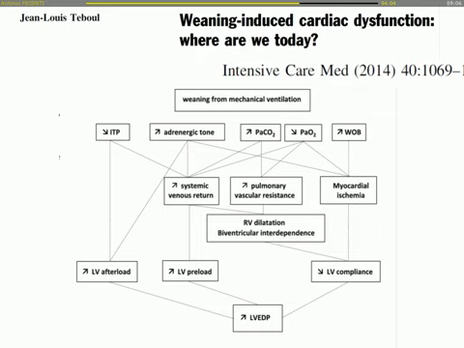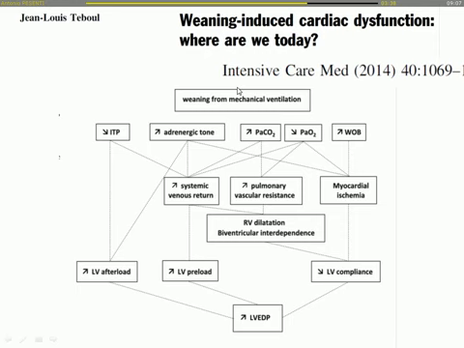Jean-Louis Teboul recently reviewed these data in a wonderful editorial in Intensive Care Medicine, and he made a rather complex definition of why we can observe cardiac dysfunction during weaning.